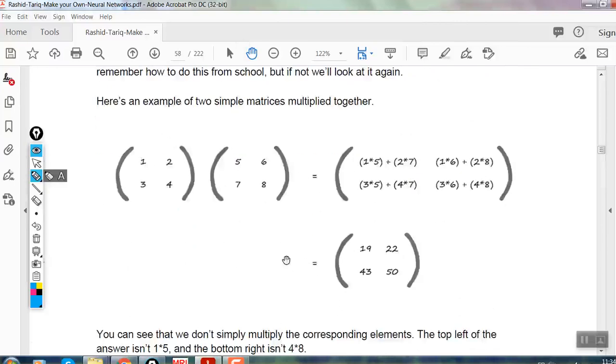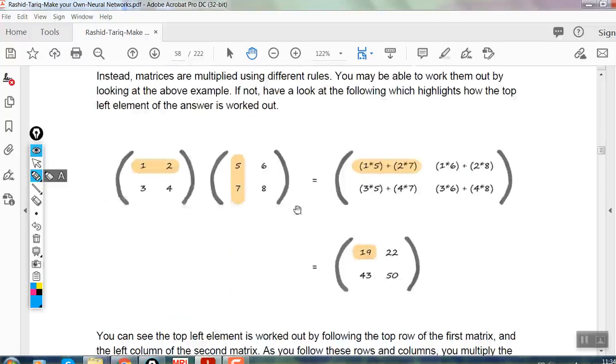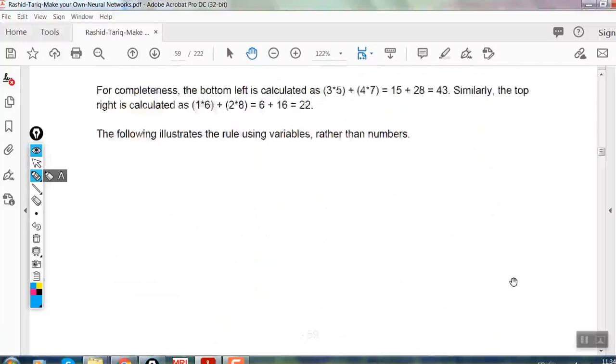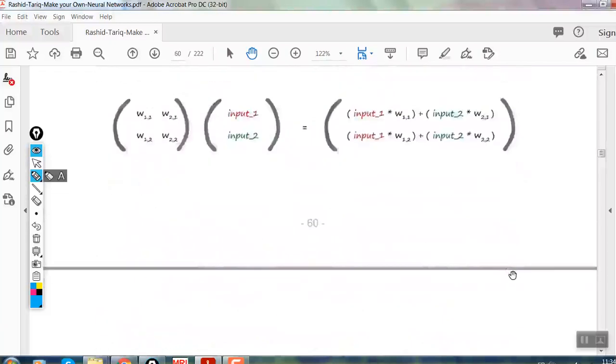Then in these pages, the book explains about multiplying two matrices, how we calculate, for example, first row multiplied by first column, 1 multiplied by 5 plus 2 multiplied by 7, and this is the result. Okay, just too simple.